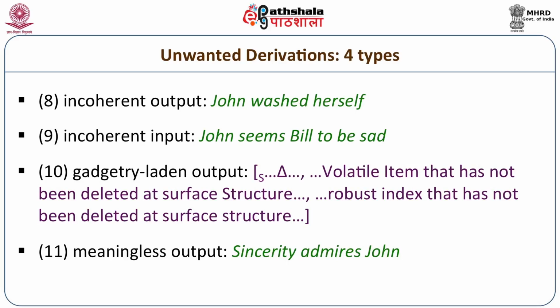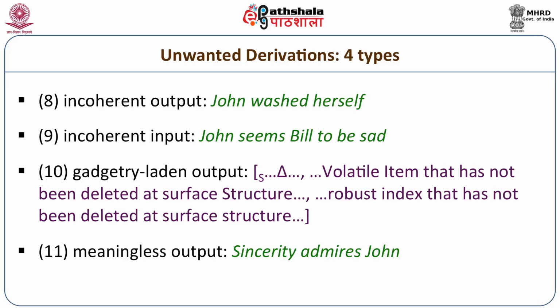What you're doing in this strategy is planting gadgetry in particular spots, you're planting indices, and that will cause the derivation to fall under the class of unwanted gadgetry in the output. In other words, you're converting one problem class into another problem class. You're converting incoherent output examples into gadgetry in the surface structure examples.